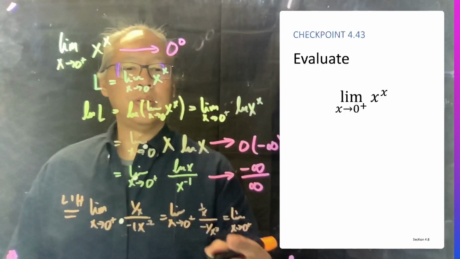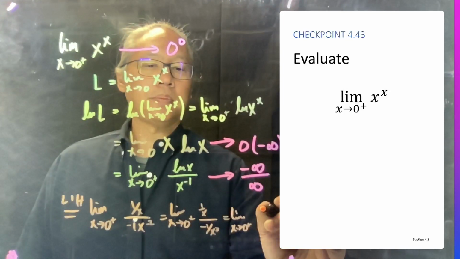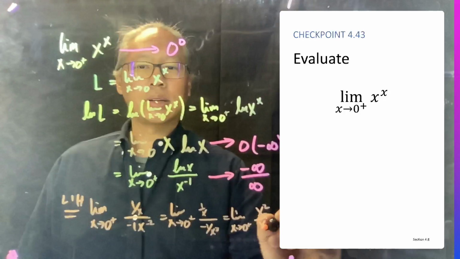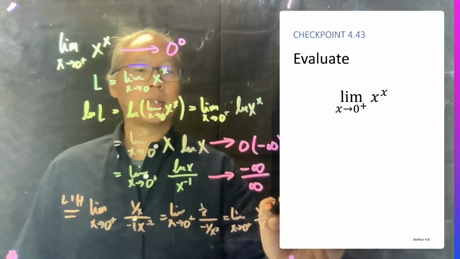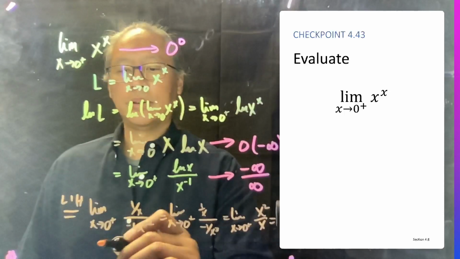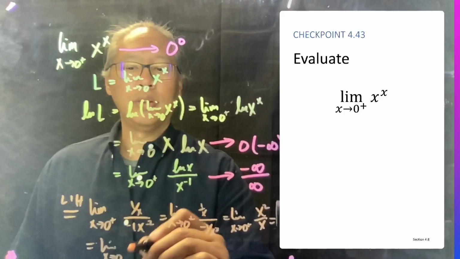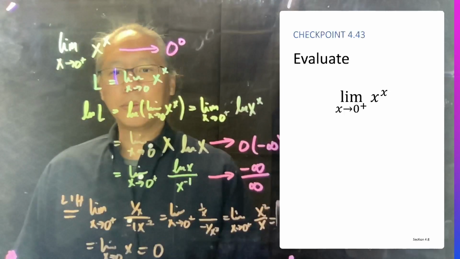And we will have the reciprocal, so that'll be x squared over x. So this is just going to be x, or limit as x approaches 0 of x, which is going to be 0.